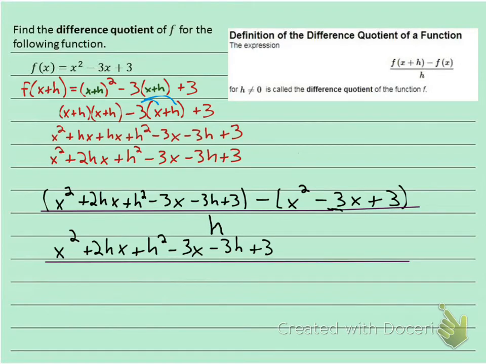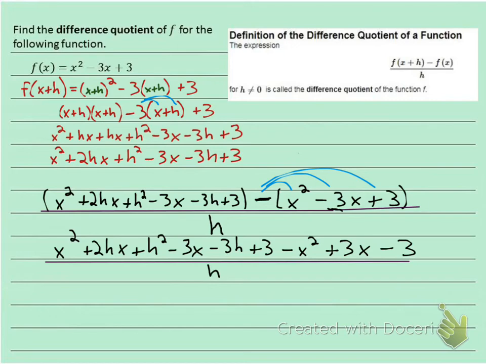And now this part over here on the right, I do have a negative that's going to distribute in. So this is going to be minus x squared, right? Minus a negative 3x is going to be plus 3x. And then minus a 3 is going to be minus 3. Okay, so because I am subtracting, all three of my signs that were inside have now changed. And now I am free to put everything together that I can.